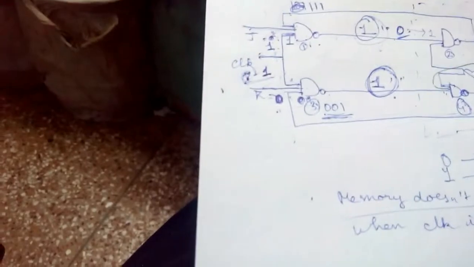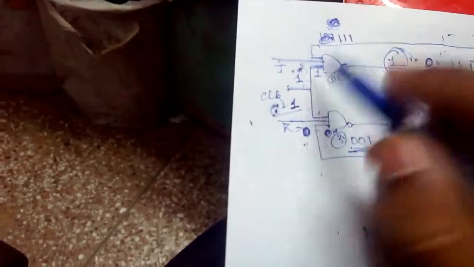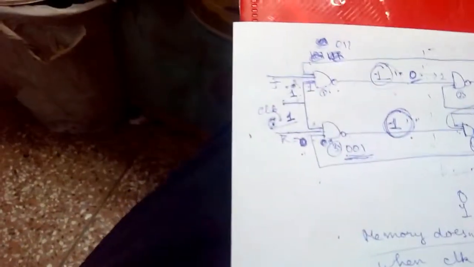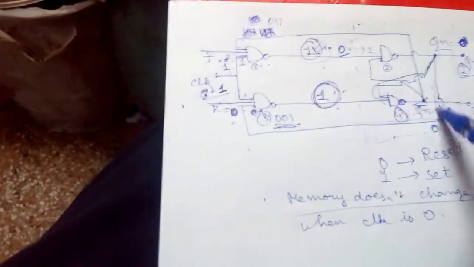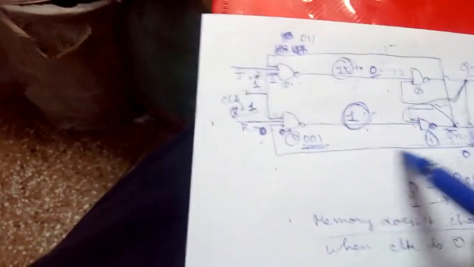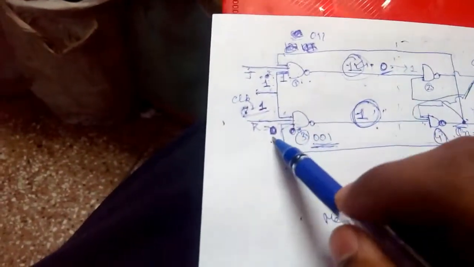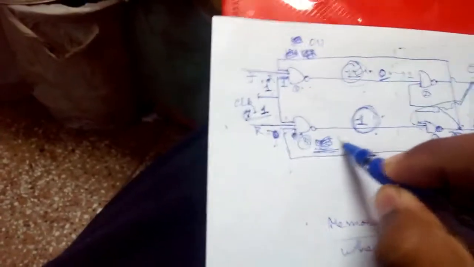Repeating the process again: 0, 1, 1, 0, 1, 1. The outcome would be 1, and here is 1, travel through this: 1, 0, 1, 1, 0, 1.